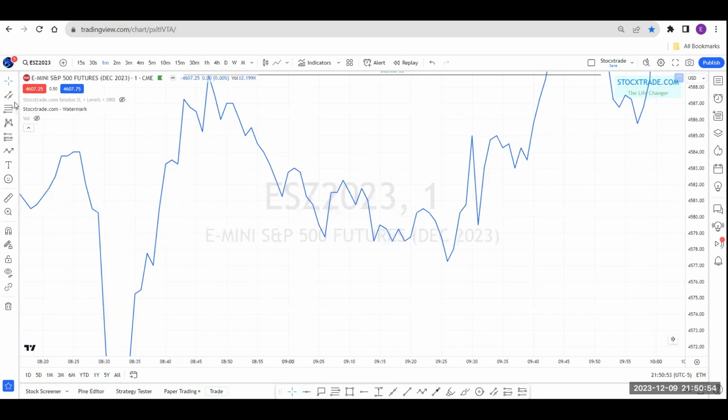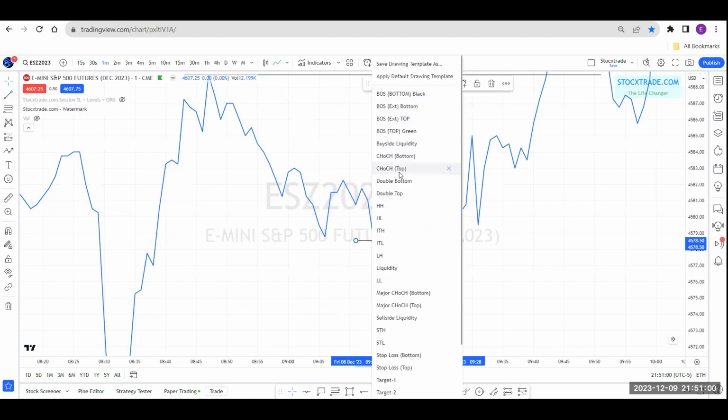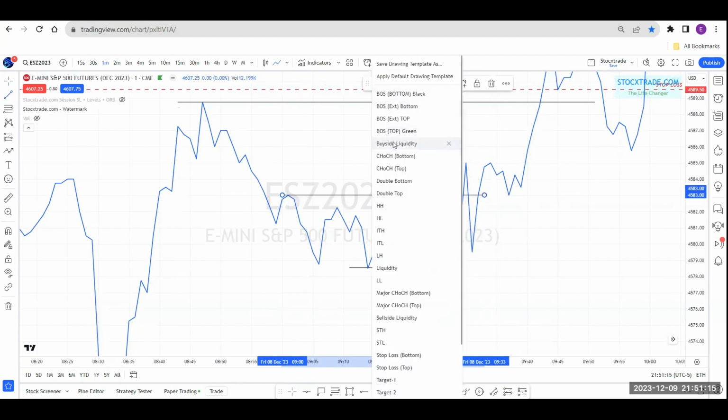Let's see. This is the low, so this is your internal sell side liquidity. This is 9:26, the market just opening. And where is your internal buy side liquidity? Here.